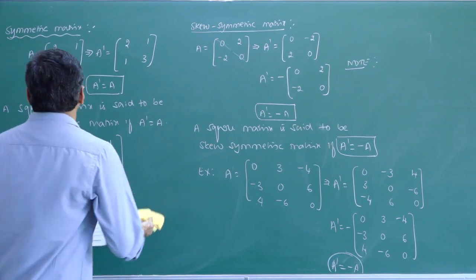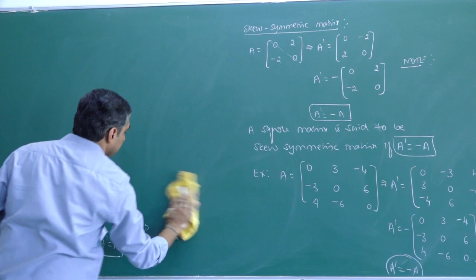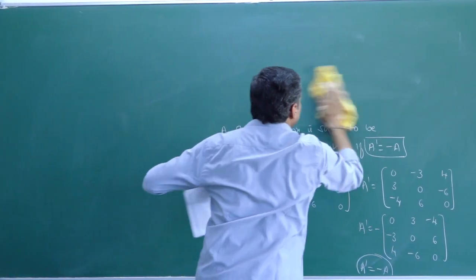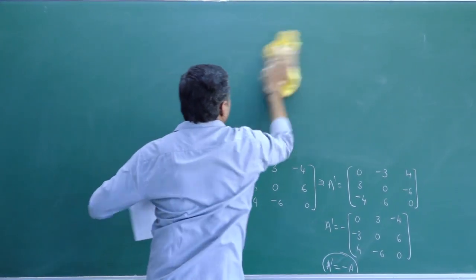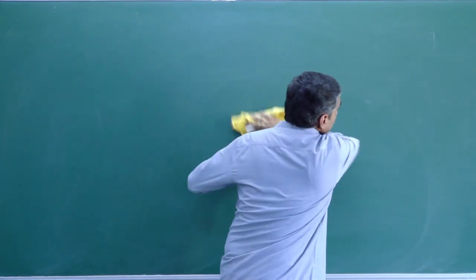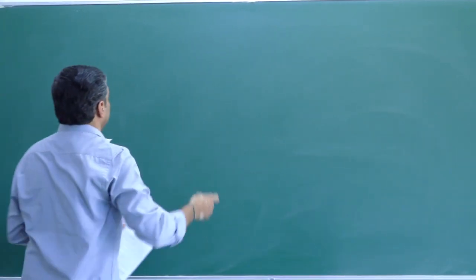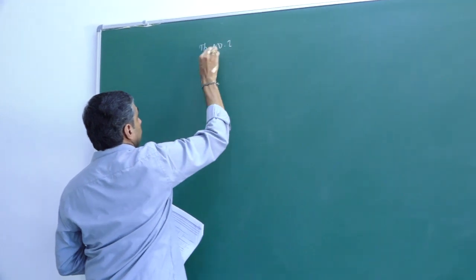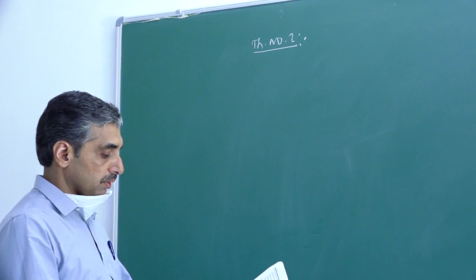So now regarding these symmetric and skew symmetric matrices, we have two theorems. The first one is theorem number 1.